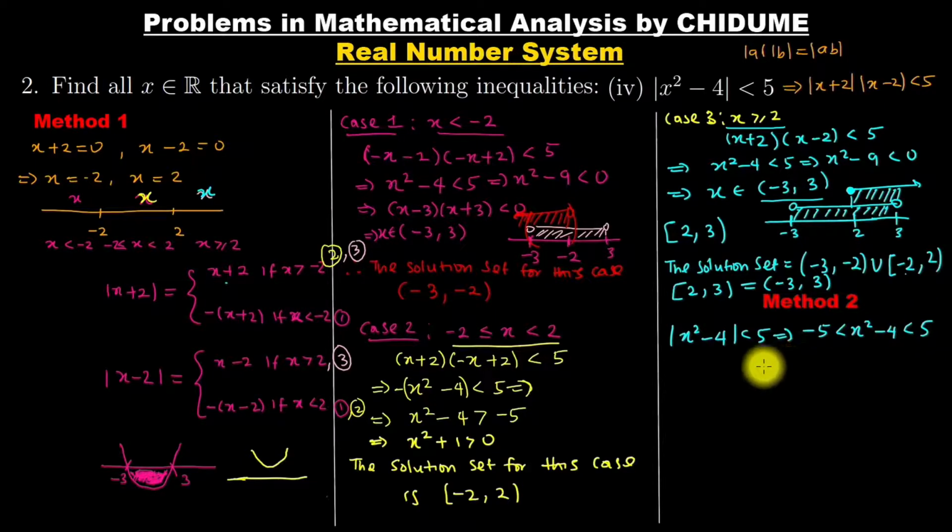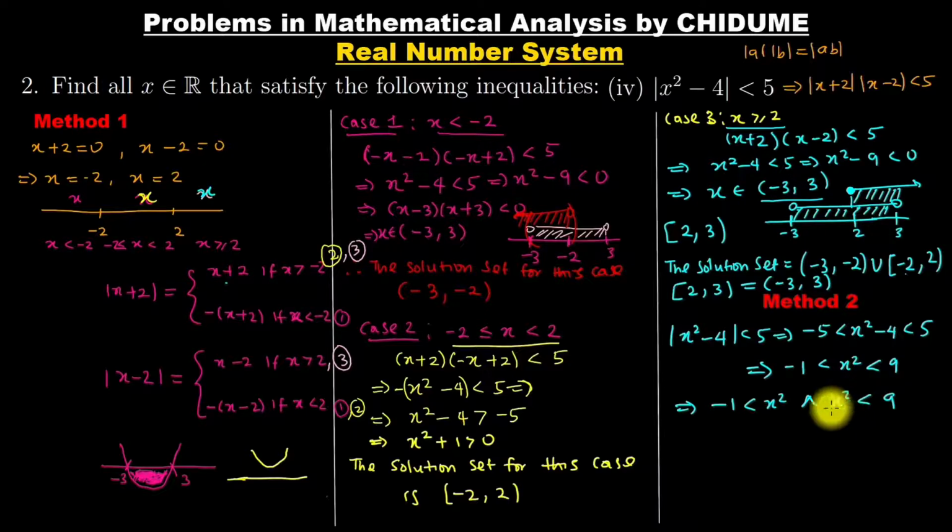If I add 4 to both sides, I'm going to have negative 5 plus 4, that's negative 1, less than x squared, which is also strictly less than 9. I can break this into two separate parts: negative 1 less than x squared, and x squared less than 9.